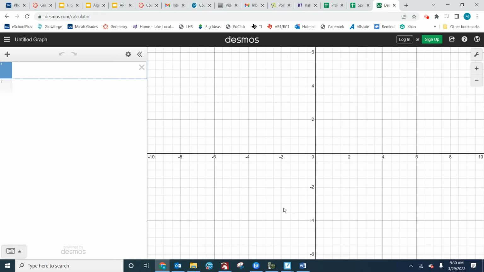Guys, go ahead and plug that in and just use X instead of T. That's fine. Plug that in your Desmos, please.